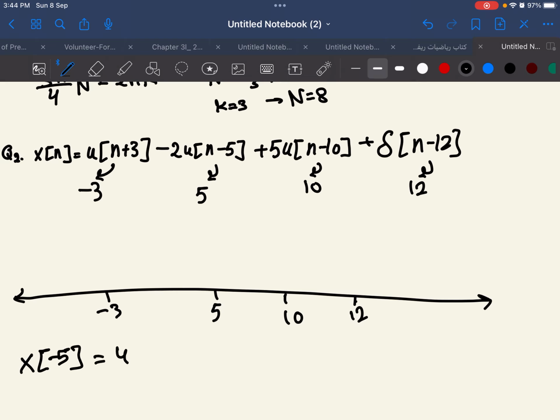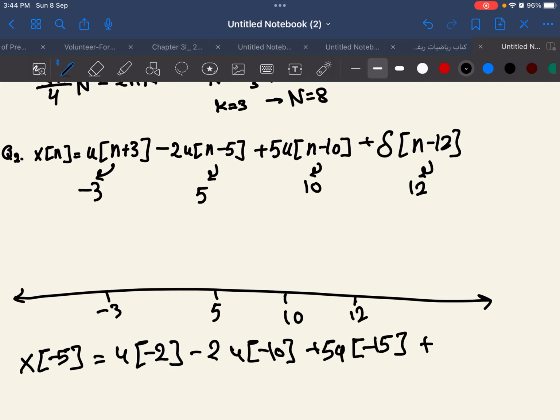It will be u of negative 2, minus u of negative 10, plus 5 u of negative 5 minus 10, so negative 15, plus delta of negative 5 minus 12, which is negative 17.